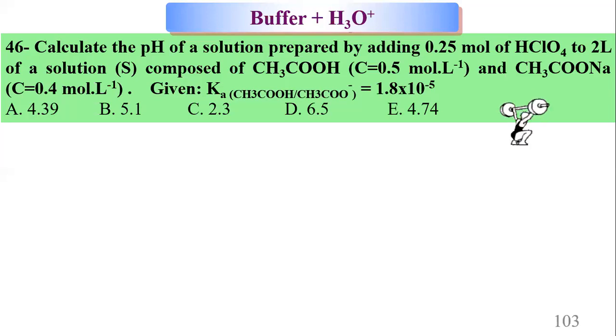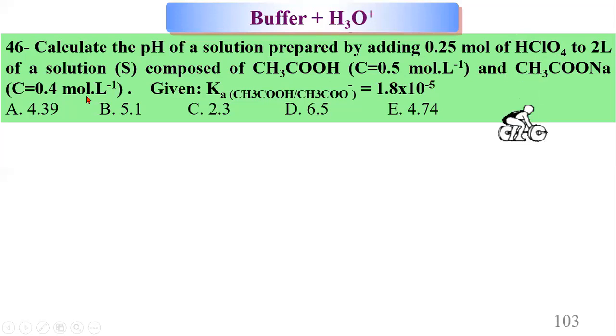Okay, so we're looking now at question number 46, and I just did a correction of animation there. Calculate the pH of a solution prepared by adding 0.25 mole of HClO4, which is called perchloric acid, to 2 liters of a solution composed of acetic acid, 0.5 molar, and sodium acetate, 0.4 molar.